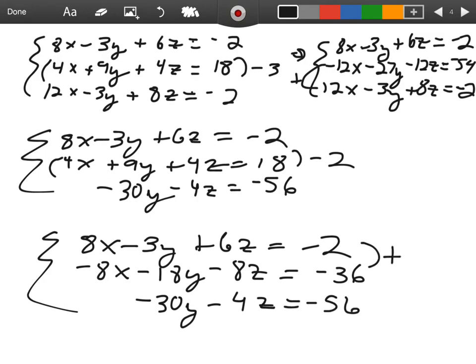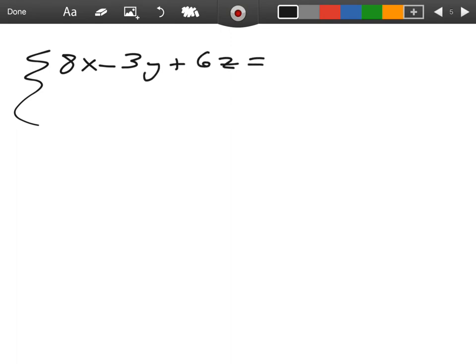And I'm going to add those two equations. Adding them, the top equation stays the same: 8x minus 3y plus 6z equals negative 2. Then I get negative 21y minus 2z equals negative 38. You can refer back to the other one to see how I got that. And the last equation stays the same.